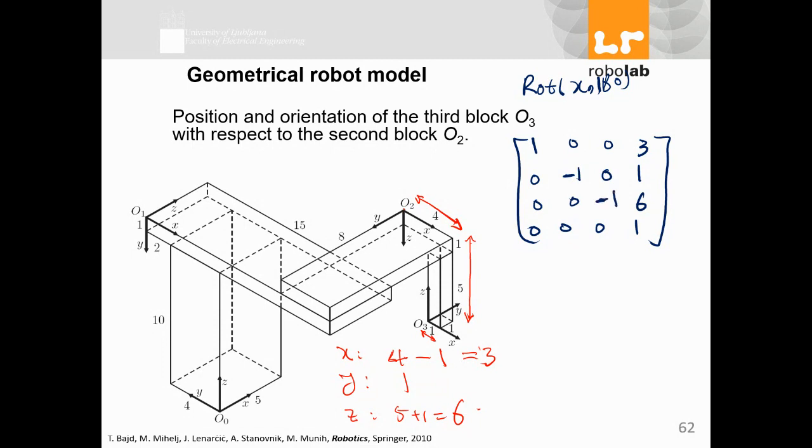What if I do negative 180? The interesting thing is cosine of 180 is equal to cosine of negative 180, and sine of 180 is equal to sine of negative 180. Both are equal to 0, both equal to negative 1.